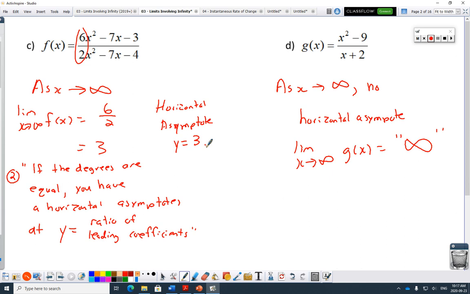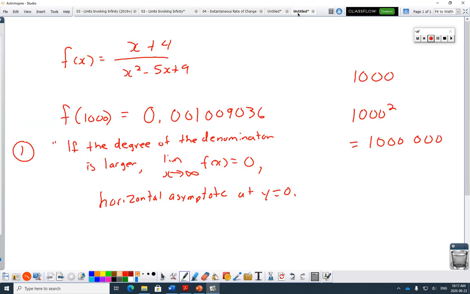Beautiful. I'm going to draw a picture. I'll go back to my other slide here. If I were to draw this thing, I don't know much about it at this point. I'd have to do a lot more research. I'd have to find the x-intercepts, the y-intercepts, the vertical asymptotes, all those things from the list from advanced functions, and put them all together to come up with a graph.